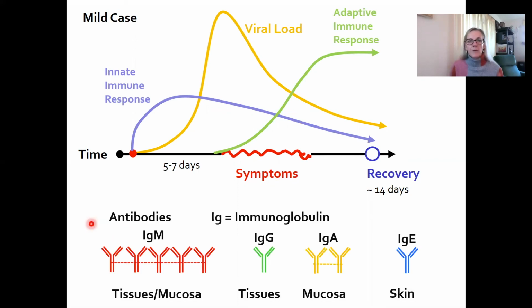If you remember, we have different classes of antibodies: IgM, IgG, IgA, IgE. IgA is really important in your mucosal surfaces, like in your nose, for example, where it gets secreted to fight off virus. But when we generally talk about antibody testing, we're testing for IgM or IgG because it's in the blood.